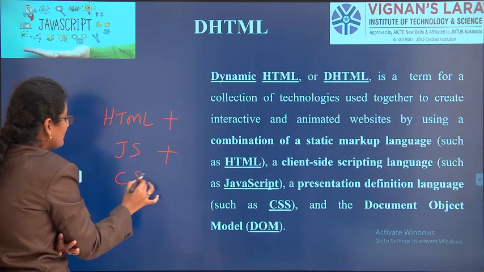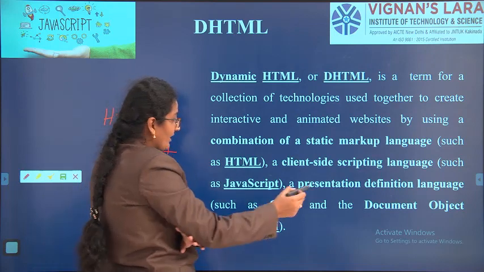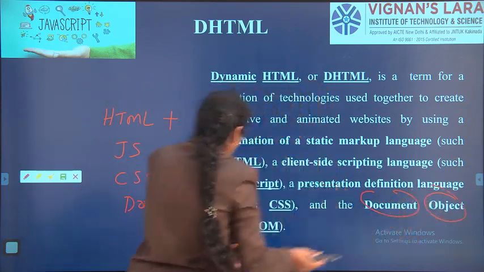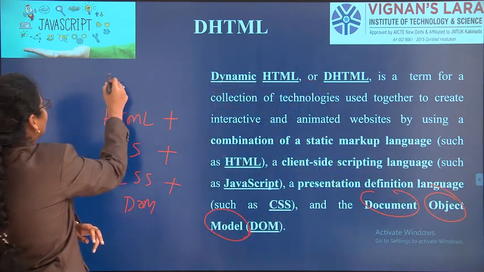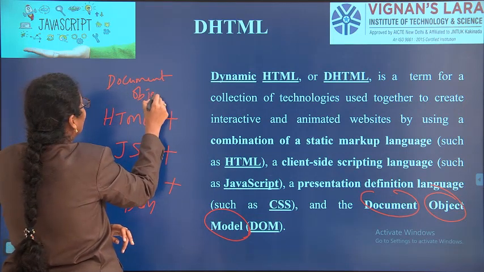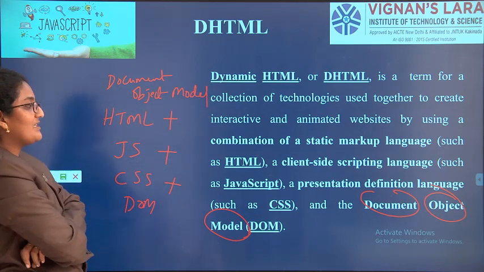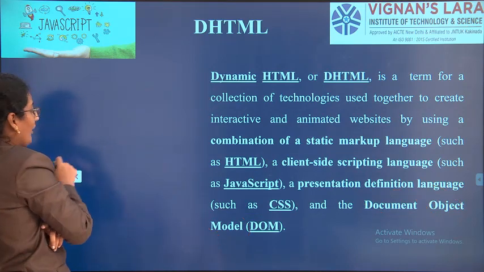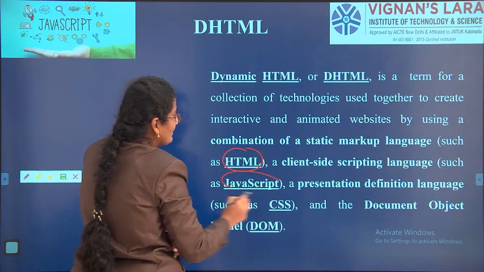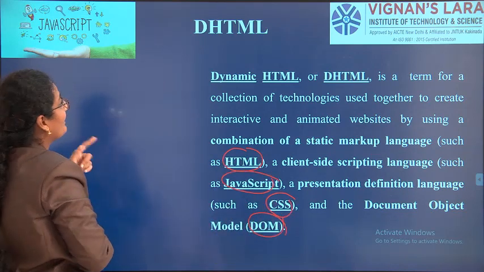What is DOM? Document Object Model. The combination of HTML, JavaScript, CSS and DOM is called dynamic HTML.